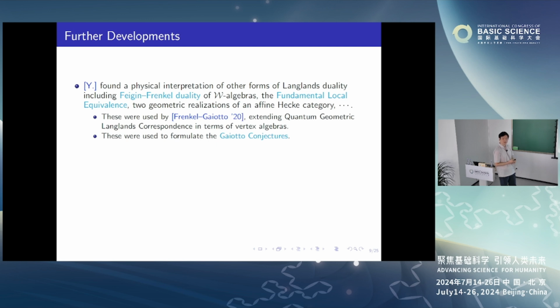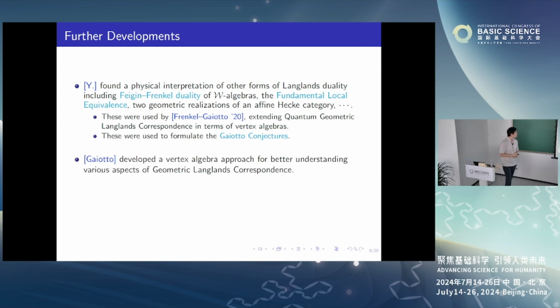Again, you may have heard a talk on this topic by Sasha Braverman last week. To formulate the conjecture, this physical interpretation was used. Also, I should say that Gaiotto independently developed his own approach to understanding or extending geometric Langlands, mostly based on vertex algebras. That's another important direction for the mathematics of geometric Langlands as formulated by Beilinson and Drinfeld, motivated by the work of Kapustin and Witten.